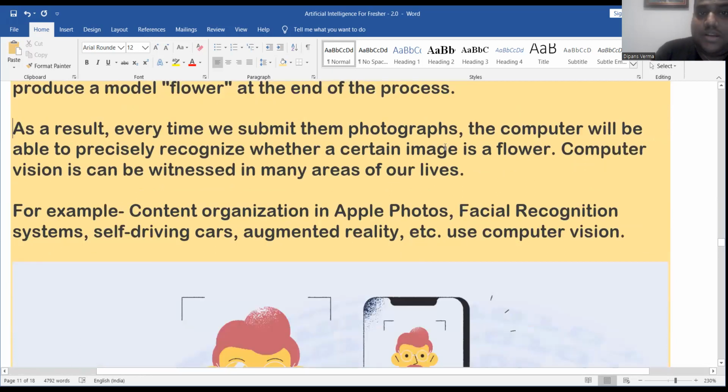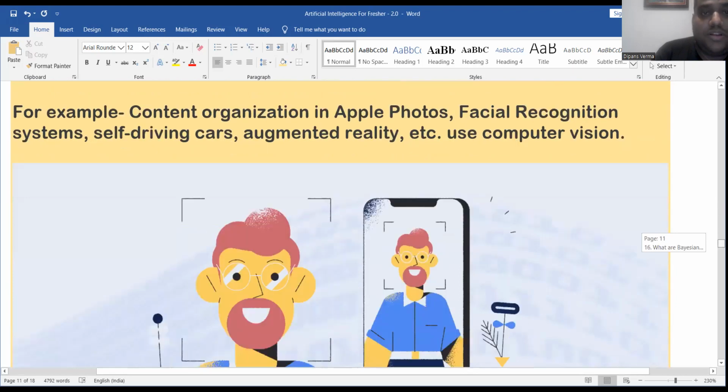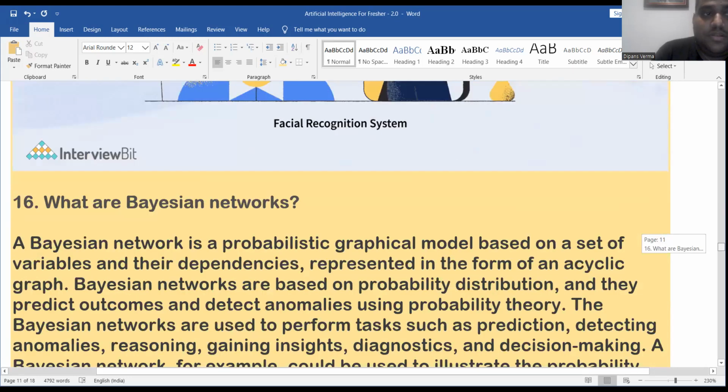As a result, every time we submit a photograph, the computer will be able to precisely recognize whether a certain image is a flower. Computer vision can be witnessed in many areas of life, right? For example, content organization in Apple Photos, facial recognition systems, self-driving cars, and augmented reality use computer vision.